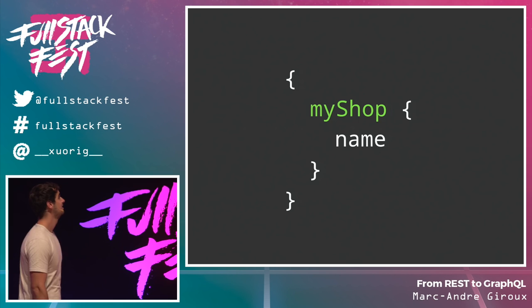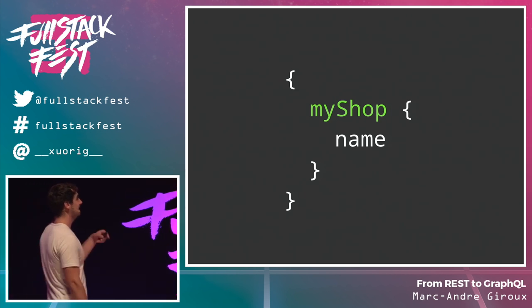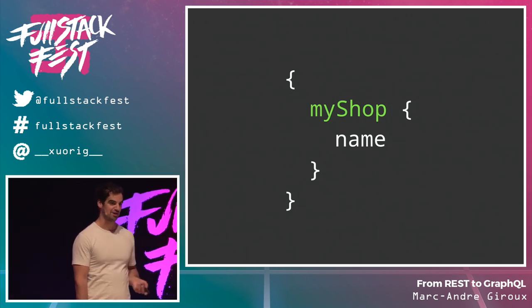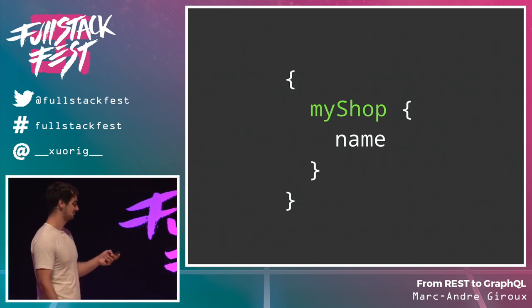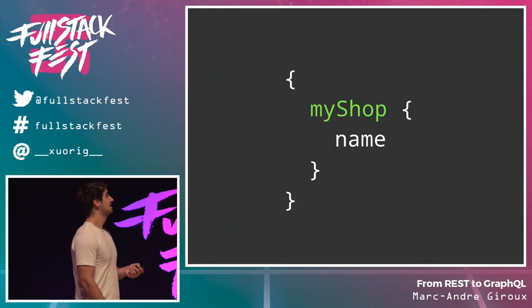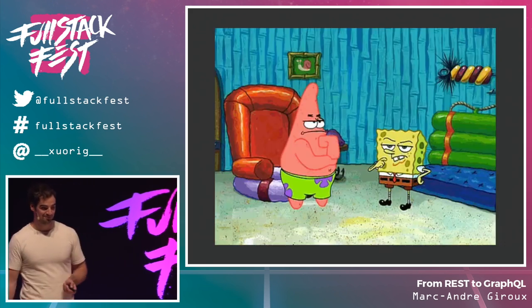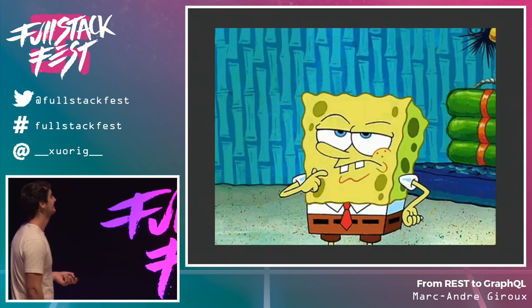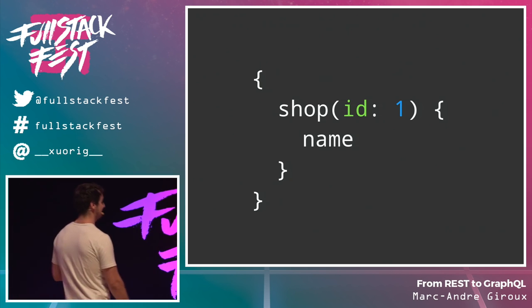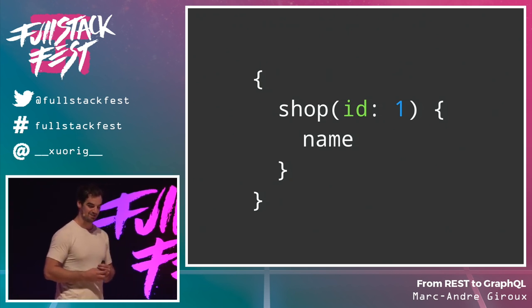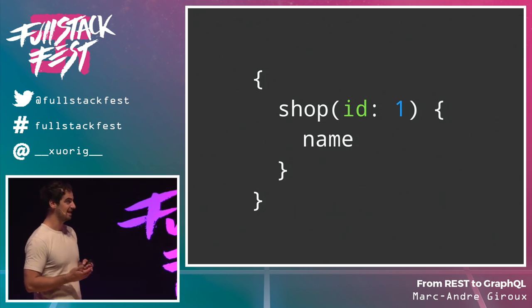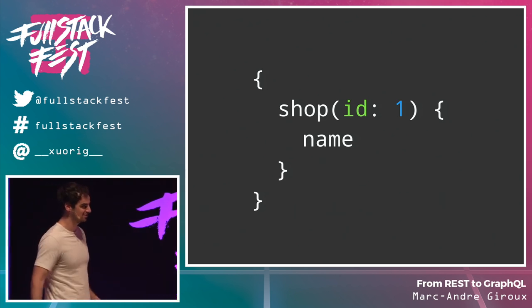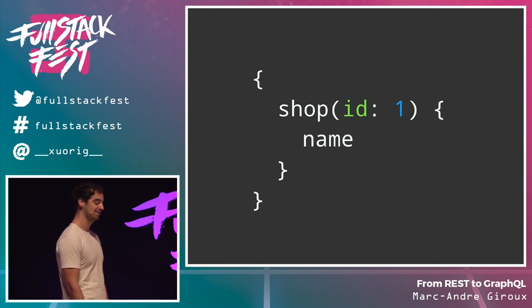That's pretty cool. So name was obviously a field on my shop, but what the hell is my shop, right? Where does it come from? Is it some GraphQL magic? So it turns out GraphQL models your data as a graph, but it still needs entry points to that graph. You can't just enter from anywhere in your data.